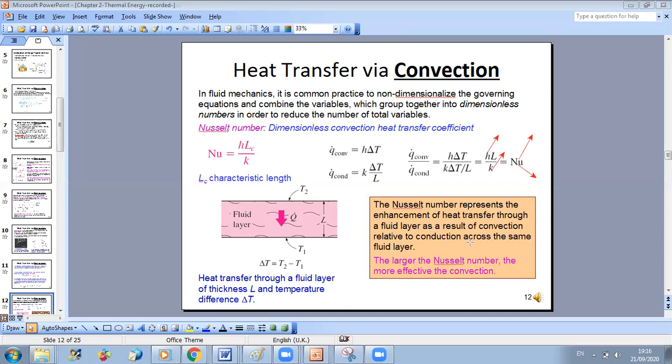So for example, if I give you the Nusselt number in a problem, from this relation you can calculate your convective coefficient, because knowing Nusselt will allow you to calculate H: H is equal to Nusselt times K over the characteristic length. And we will do problems to understand more how to do these calculations.